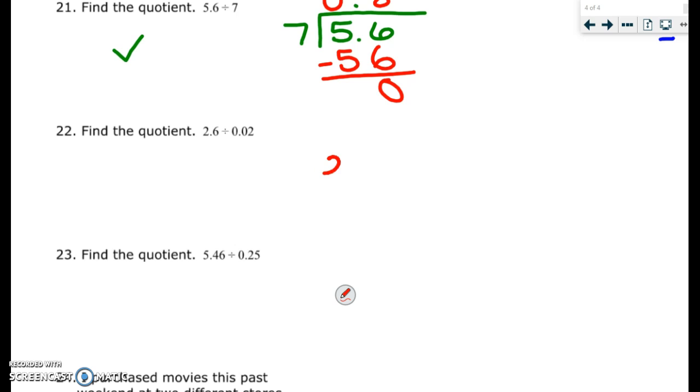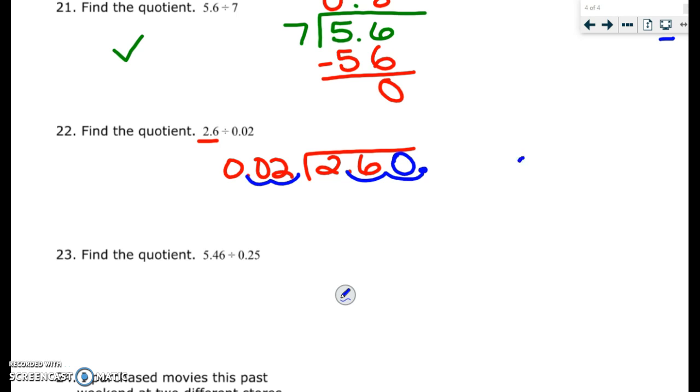All right, so I see 2.6 in this problem is the first number, so that means it's my dividend. And 2/100 is my divisor. So the one thing that you want to remember is we need a whole number on the outside. So I'm going to move the decimal point over 2, but I also need to do the same thing to the inside. So since I have that whole big empty space, I need to add a 0.